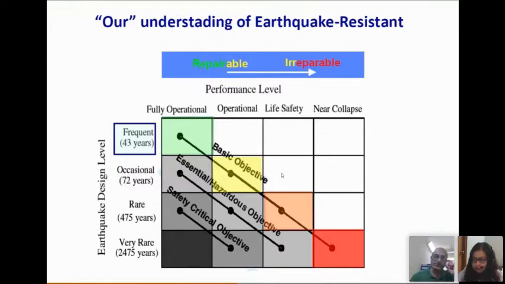Inversely, when we consider the earthquake levels or earthquake design levels, we can categorize them as frequent, occasional, rare, and very rare earthquakes. So in frequent earthquakes, all my facilities should be functional.